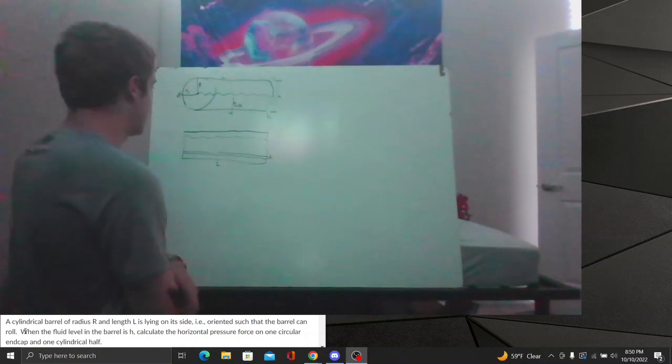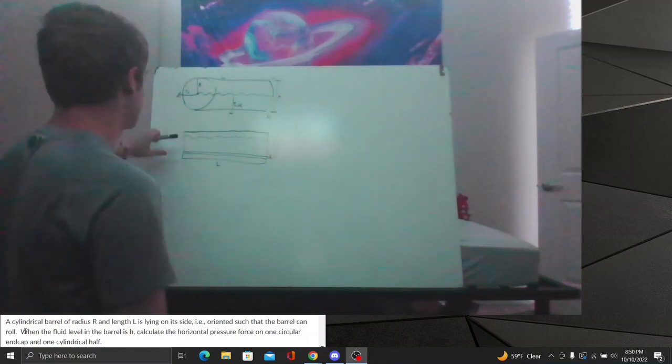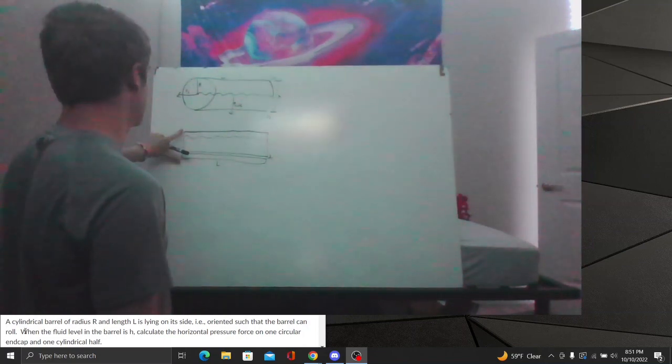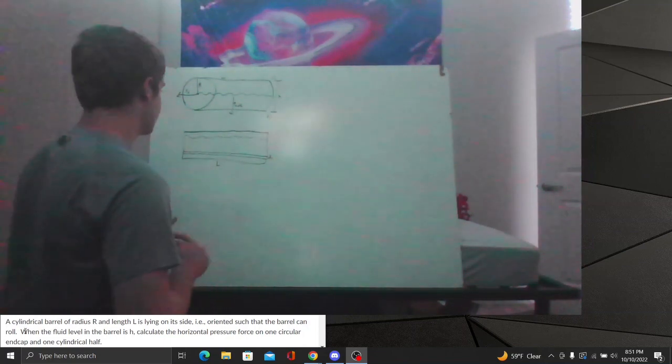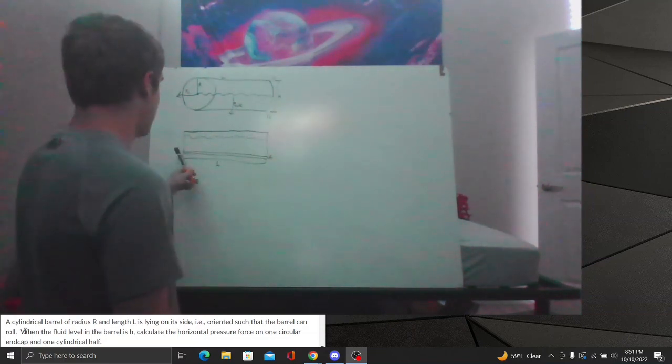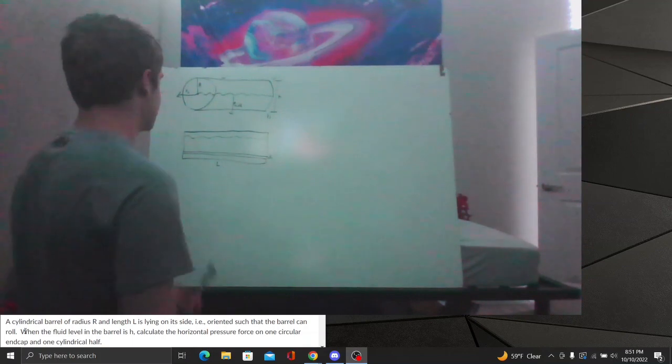And then I also have a horizontal or really vertical profile view of the cylinder as well. This is the liquid, and also at length L.